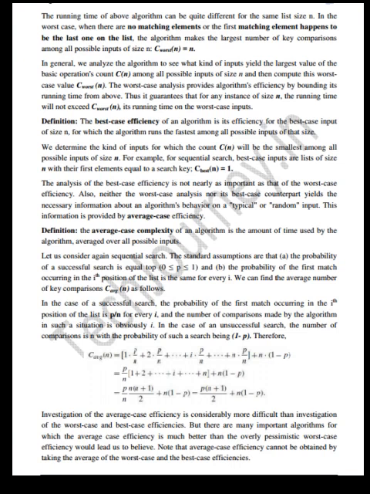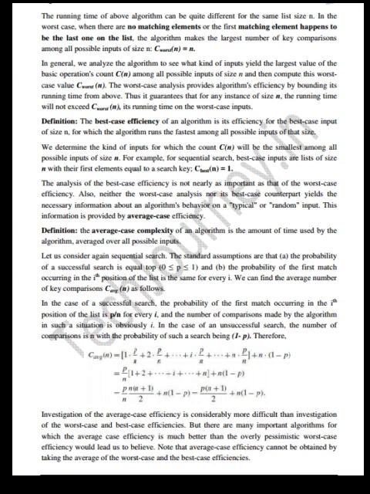The worst case analysis provides the algorithm's efficiency by bounding its running time from above. Thus, it guarantees that for any instance of size n, the running time will not exceed C worst of n, its running time on the worst case inputs.